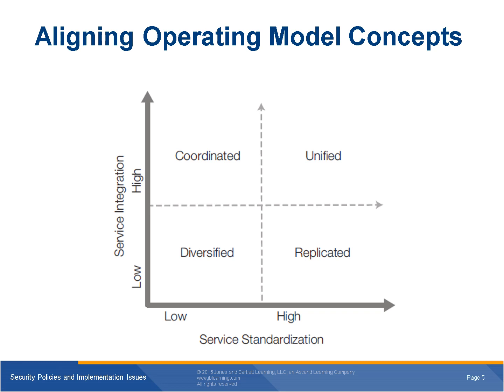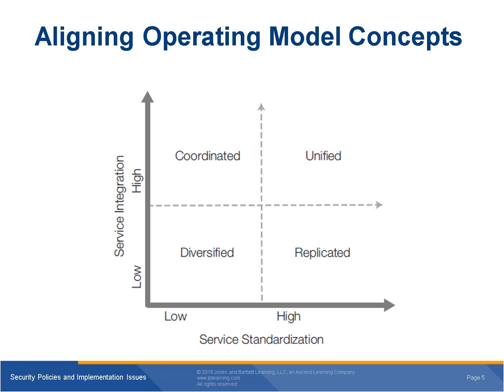There are different ways to have this broad architectural conversation. One way is to analyze and categorize the primary operating model of the business on the basis of four concepts: diversified, coordinated, replicated, and unified, like we looked at in the last slide.